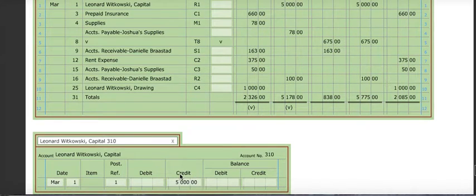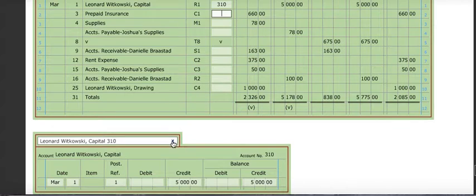You put your number there first, then you must also carry over the number to the balance. It's going to be our balance of a credit, so we just bring that number over. Now, to complete the first transaction for Leonard Witkowski, we also need to put the account number up here. It's 310. Now we know that we've posted that $5,000 credit to my general ledger for Leonard Witkowski Capital.